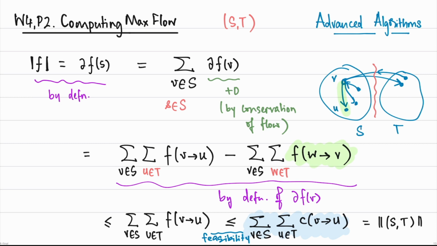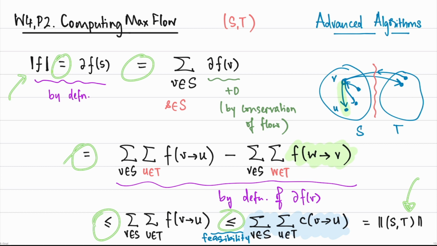So notice that we have what we want if you follow this chain of inequalities and equalities. We started from the value of the flow F and we have ended at the capacity of the cut S comma T. The choices of F and S comma T, that is the choice of flow and the choice of cut, are completely arbitrary.